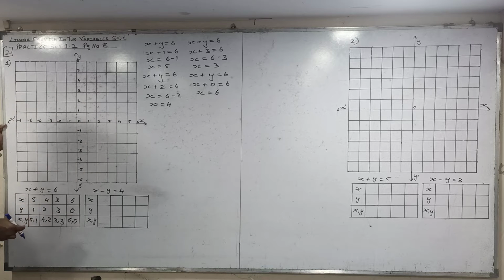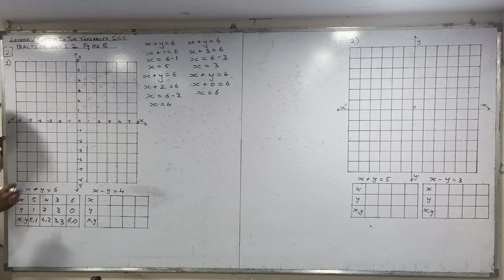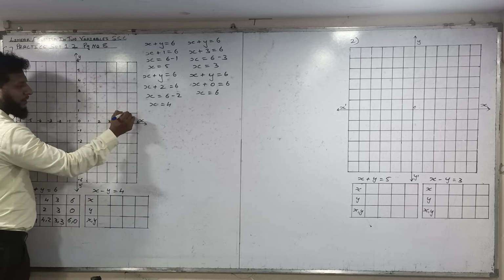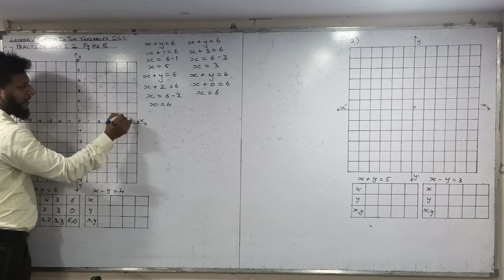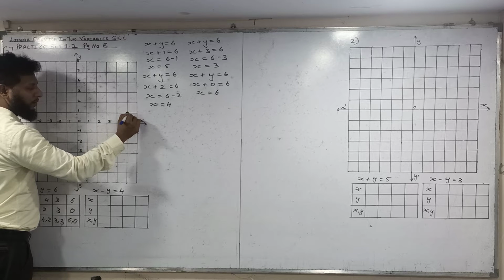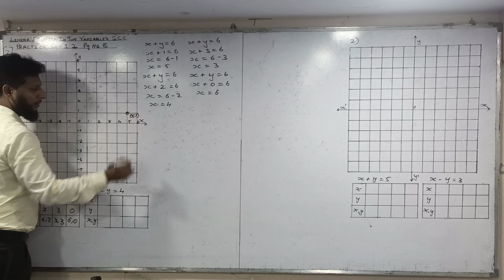So now I will plot these points and draw the line. See, first you have to take x, then you have to take y. So 5 and 1: from this point you can see x is 5 and y is 1. Plot this point and write 5 and 1.